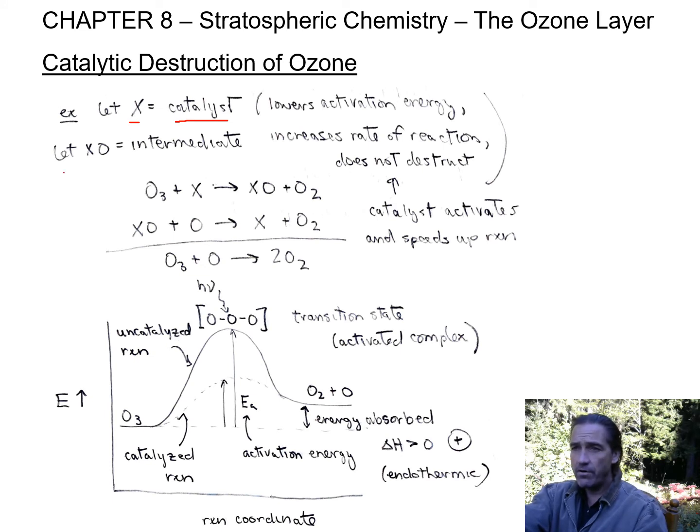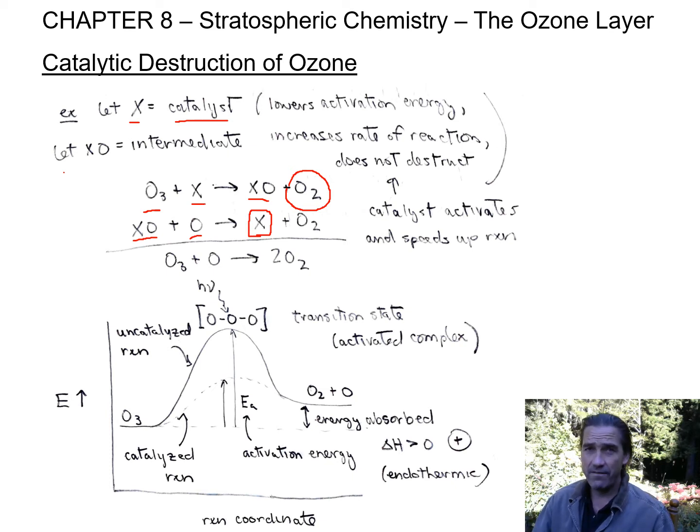So we have our ozone, and the ozone reacts with the catalyst to form an intermediate. We're just going to say XO. So we generate oxygen gas, and then that intermediate goes on to react with oxygen atoms within the stratosphere to reform the catalyst.